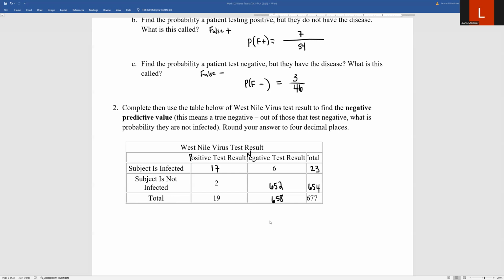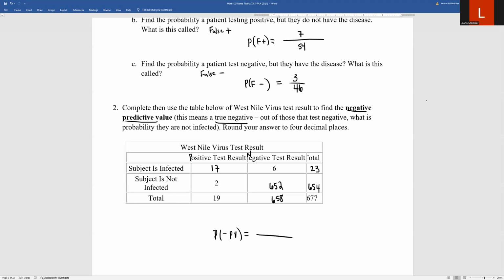Okay, so 677 people were tested total, but we're talking about a true negative, the negative predictive value, which means the accuracy that the test tells someone they are free from this virus, and they truly are, is the true negative or negative predictive value. So probability of the negative predictive value, again, I'm just abbreviating.